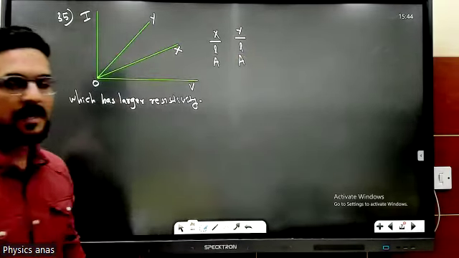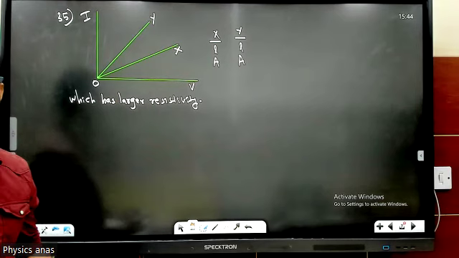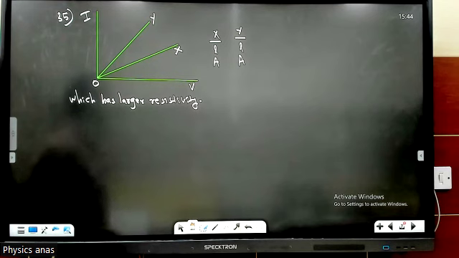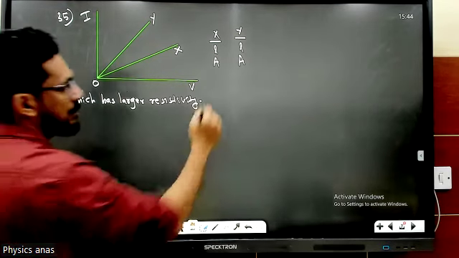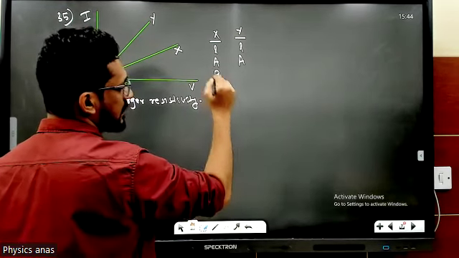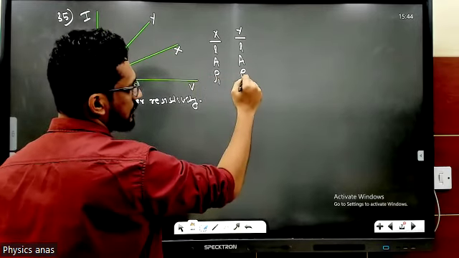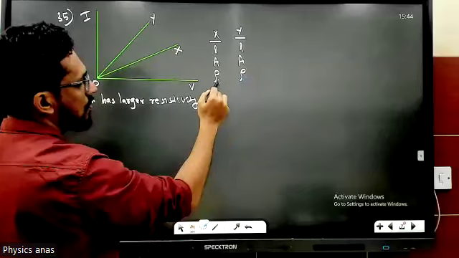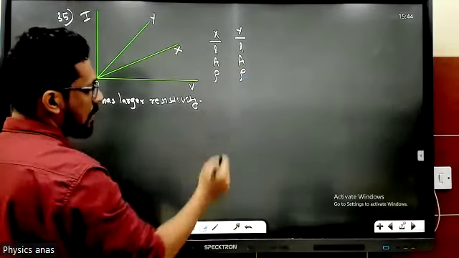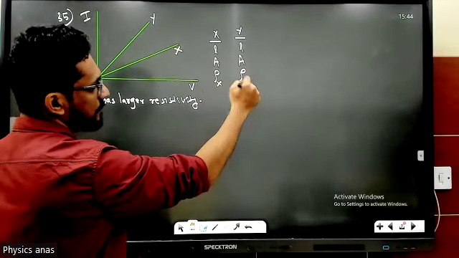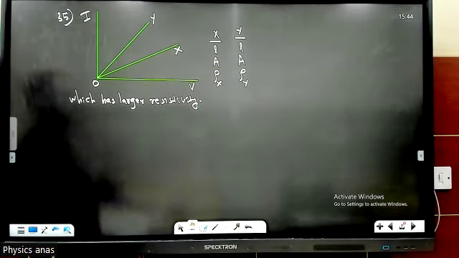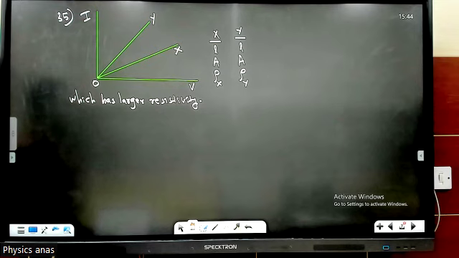So both of them have the same length and area, but they are different materials. One has resistivity ρx, and the second has resistivity ρy. Which has greater resistivity? How can we find it?